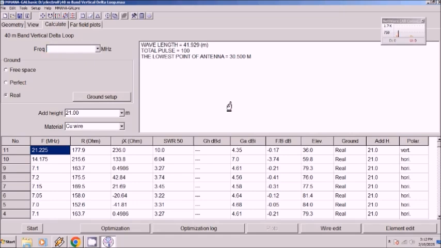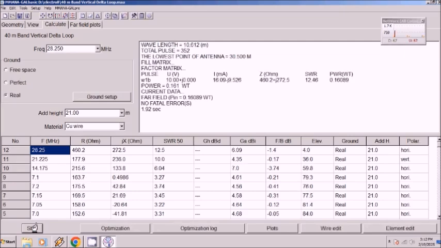How about trying to use this antenna at the 10 meters band? The center frequency, for example, at 28.250 megahertz. Start simulation. Okay, this is the performance. The gain is okay. SWR compared to 50 ohms standard impedance, resistance changes and jX changes.